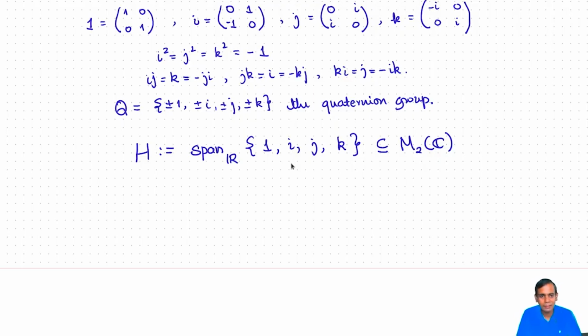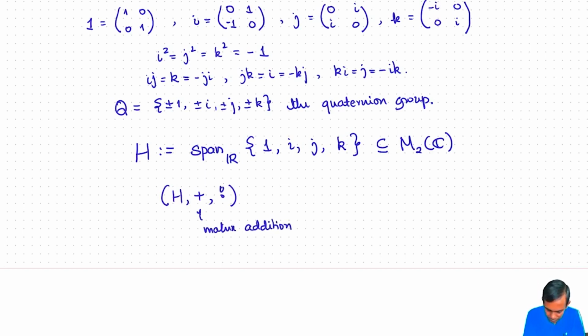Okay, so that's the definition of quaternions, and we endow it with 2 binary operations, addition and multiplication, both inherited from matrices. So H, we endow it with plus and dot. This is matrix addition, and this is matrix multiplication.